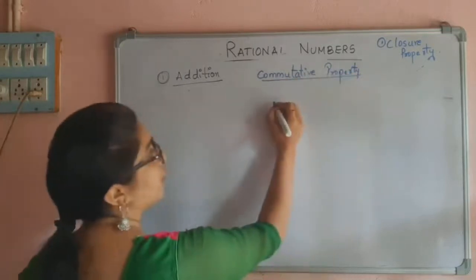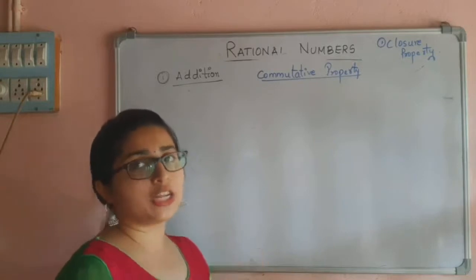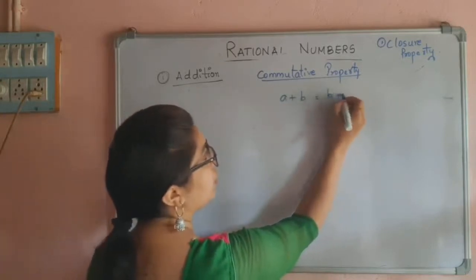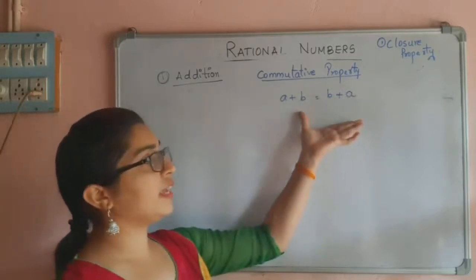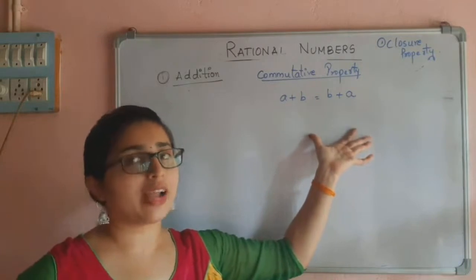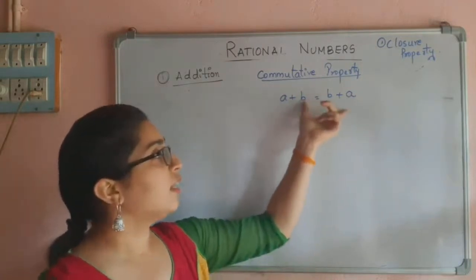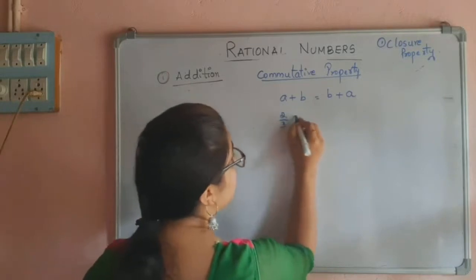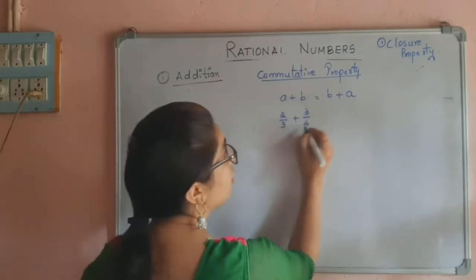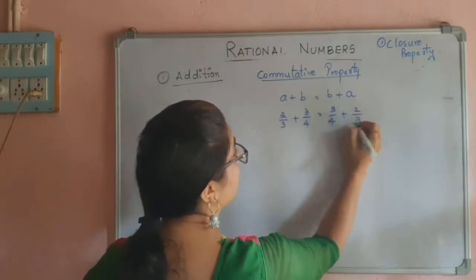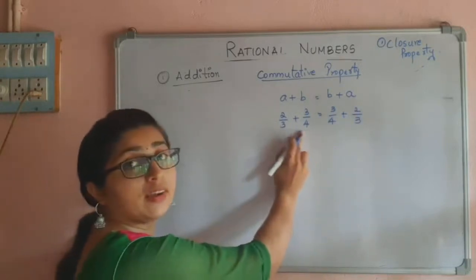That is, if A and B are two rational numbers, then A plus B should be equal to B plus A. Then only we can say that the addition is commutative for rational numbers. So let us take the example. So 2 by 3 plus 3 by 4, and here it should be equal to 3 by 4 plus 2 by 3. So now once again I will take the LCM.